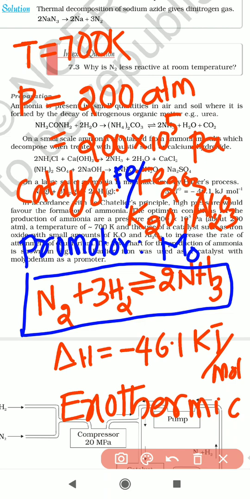And the promoter we use in this reaction is molybdenum. So molybdenum is acting as one of the promoters. So this is about Haber's process. By using this Haber process we can easily prepare ammonia on a larger scale.